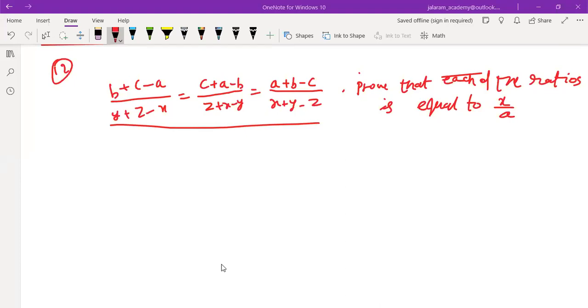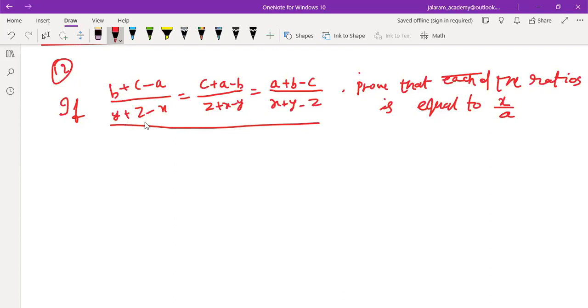Wait, there is an important point. We have to prove that if (b + c - a)/(y + z - x) = (c + a - b)/(z + x - y) = (a + b - c)/(x + y - z), then each of these three ratios is equal to x by a.